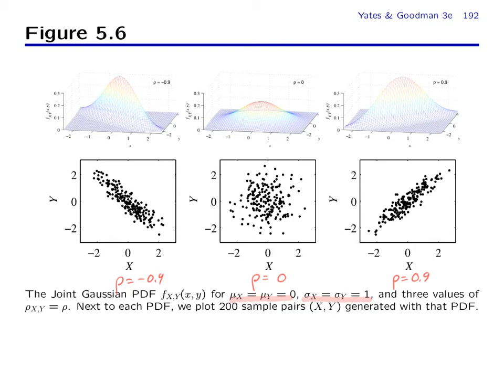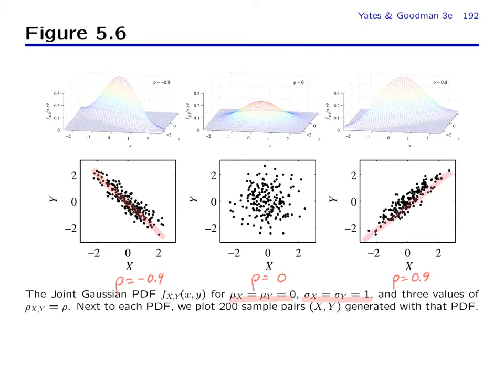And we see 2 different representations of this PDF. First, we see the same figures we saw before, where we generated 200 sample pairs of x and y for each version of the PDF, and here we see the negatively correlated pairs.